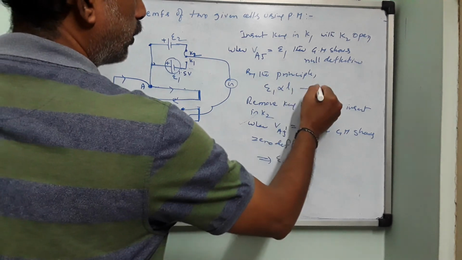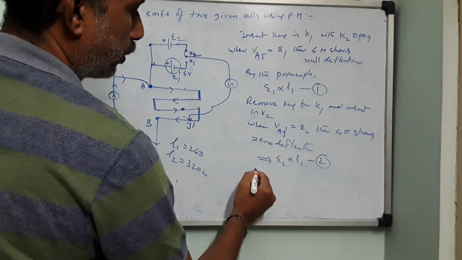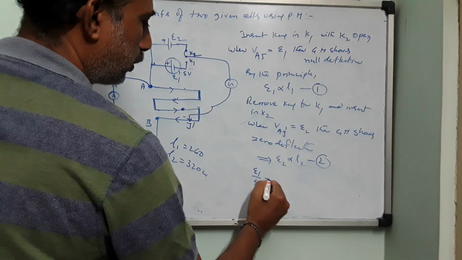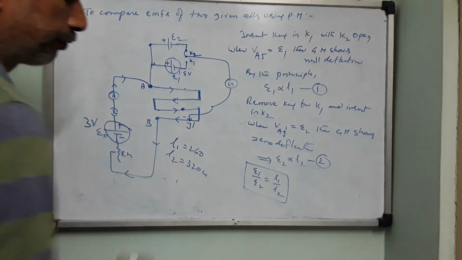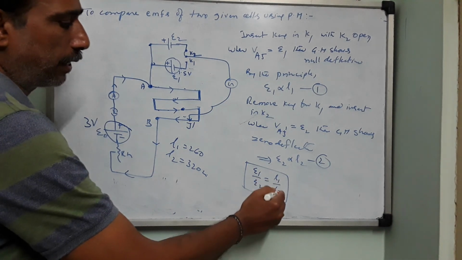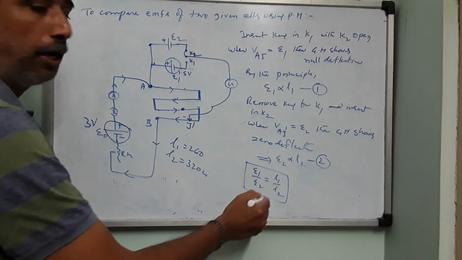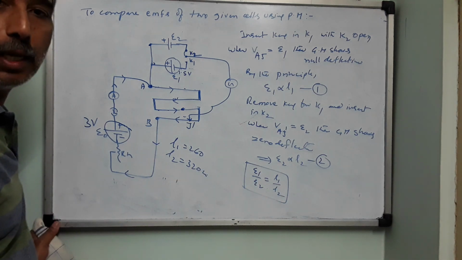Then this is equation 1 and this is equation 2. Now clubbing these two equations, E1 by E2 is nothing but L1 by L2. So therefore, by comparing the balancing lengths, you can compare the EMFs of two given cells.